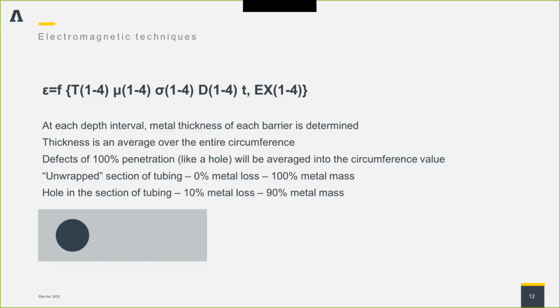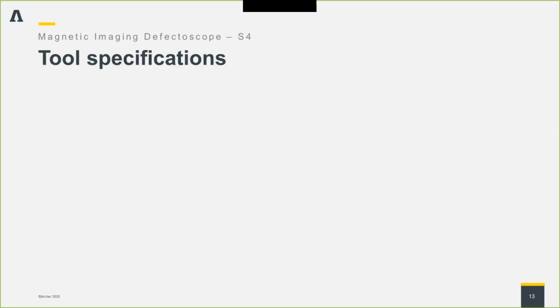So it's very important to remember that when looking at the results from these logs, because a 10% metal loss may be a hole, but equally it may be a slight thinning of the tubing all the way around. So you need to look at the context and the other parameters. So that's a bit about the theory of the tool.